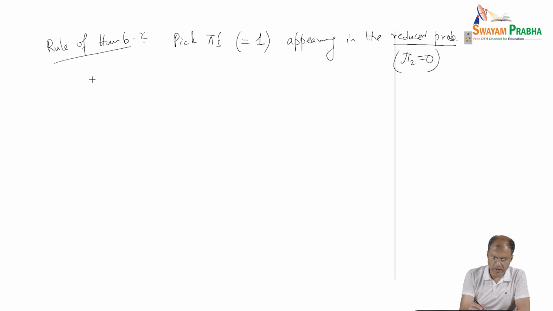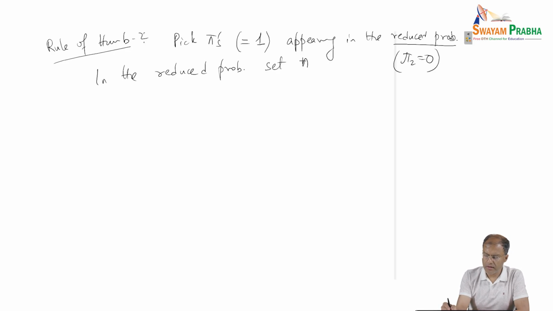So in the reduced problem we set pi1 equal to 1, right? And we have that xc is equal to v naught square by g and tc is equal to v naught by g.